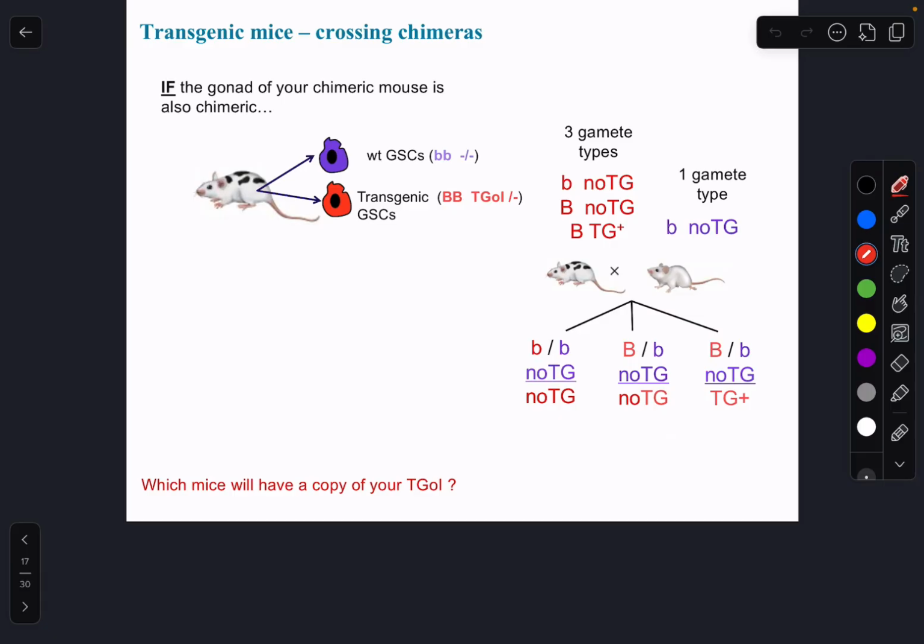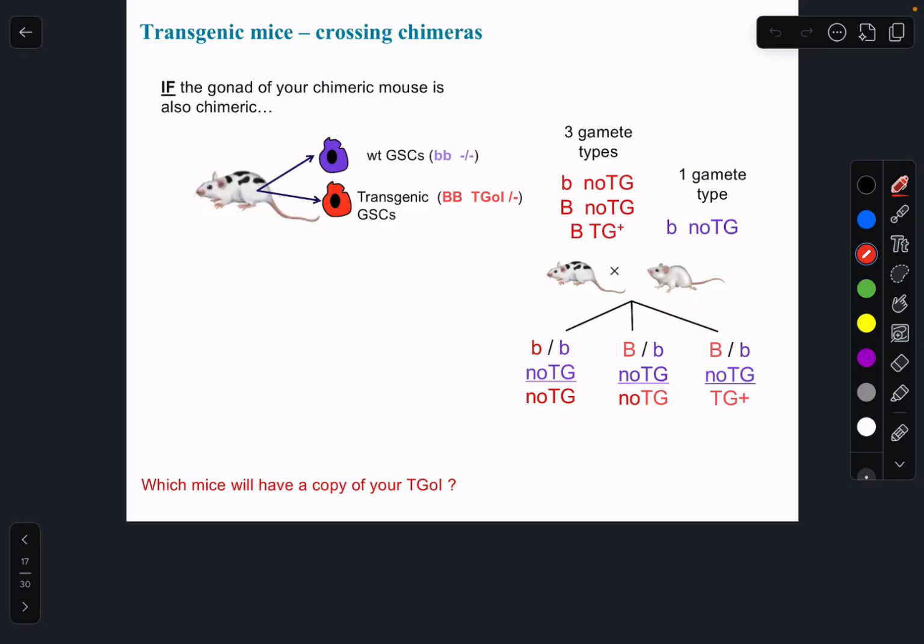Right? So what you do is you cross these chimeric mice to regular white mice. These white mice, once again, don't have the transgene of interest, and they're homozygote recessive for skin color or fur color. This is almost like a test cross, right?